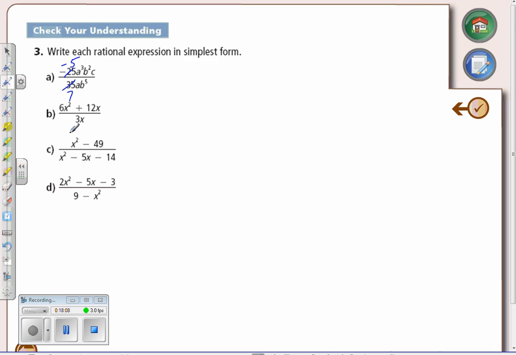So we divide both of them. Then we look at a. I've got an a cubed on the top, I've got an a on the bottom. I can divide those off to take out an a. That's going to leave me with a squared in the numerator. So right now I have negative 5 over 7, a squared in the numerator. Then I've got the b's. B squared in the numerator, b to the 5 in the denominator. We can use our exponent laws, b to the 5 minus 2.